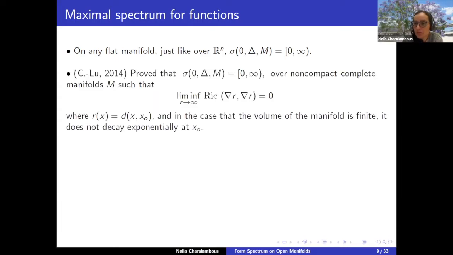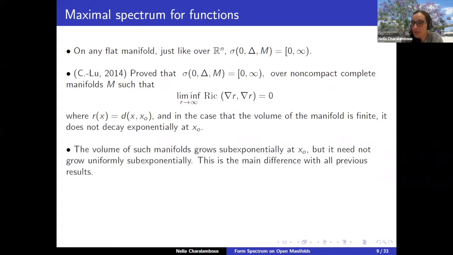And it's also been proved in a fairly general case that the spectrum of the Laplacian on functions is maximal if the Ricci curvature is asymptotically non-negative just in the radial direction away from a point, under the additional assumption that if the volume is finite, then the volume does not decay exponentially at x0.